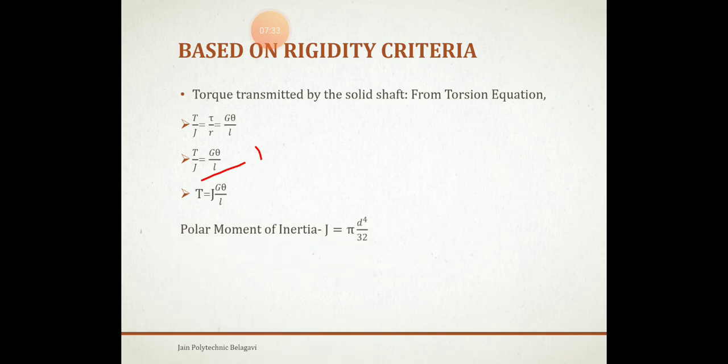Next, the polar moment of inertia is pi by 32 into d raised to 4, as we already discussed in the strength criteria.